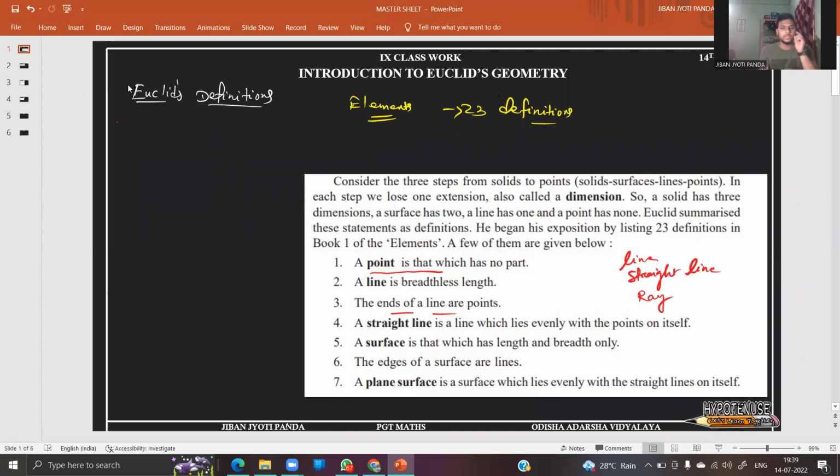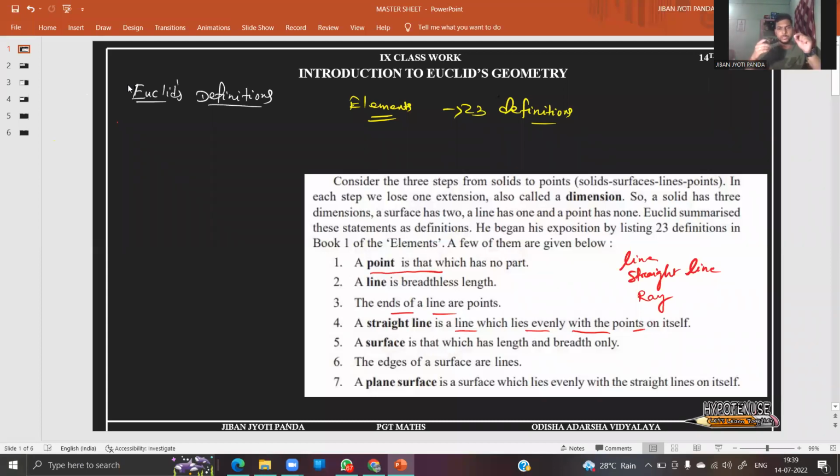A straight line is a line which lies evenly with the points on itself. So a straight line is built up of infinitely many points. A surface is that which has length and breadth. So we are just going from the basic towards the higher order.